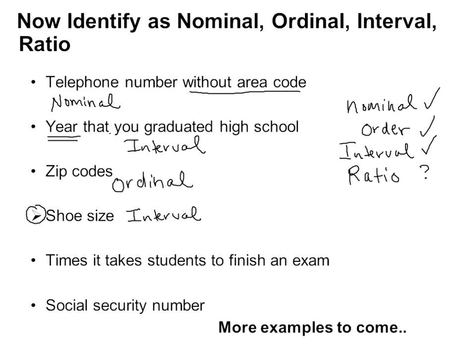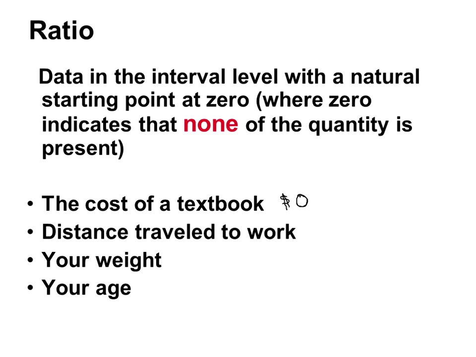So if we look at the definition, let me go back. I don't know how far I have to go back, but I think it's this one. So it has a natural starting point of 0, and that means that there's none of the quantity present. So there's nothing there. It's a starting point, exactly.